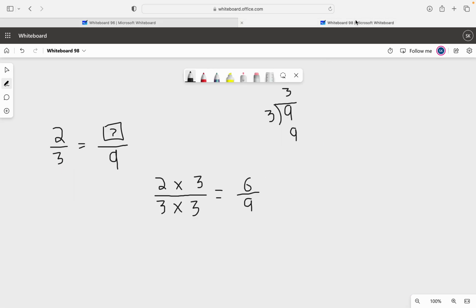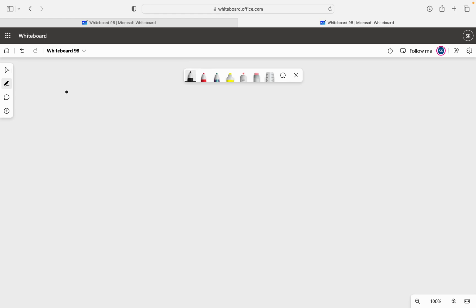See here, when they say 5 by 6, it is equal to 5 divided by 6, and when you have to solve this, 5 divided by 6. What type of fraction is this?